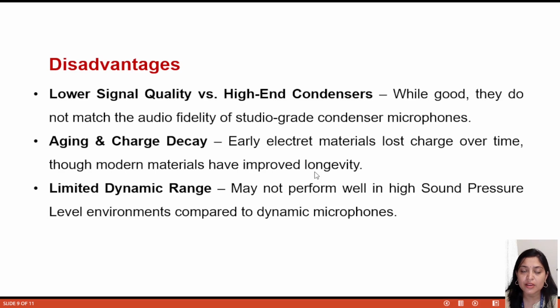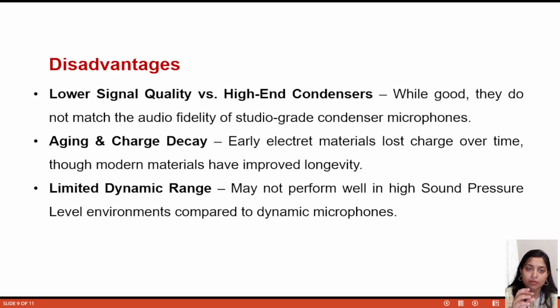Okay. There are also some disadvantages. Just go through them. Lower signal quality versus a high end condenser, that is, they do not match the audio fidelity of a studio grade condenser microphone. Aging and charge decay, that means early electret materials lost charge over time, slowly, though modern materials have improved longevity.